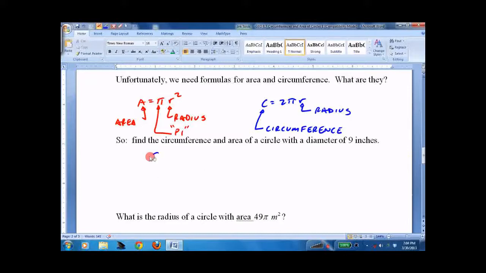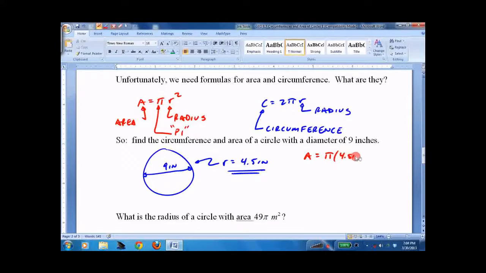So we have a circle with a diameter of 9 inches. So we know that the radius is 4.5 inches. And then we just quickly blast out area is pi times 4.5 inches squared.